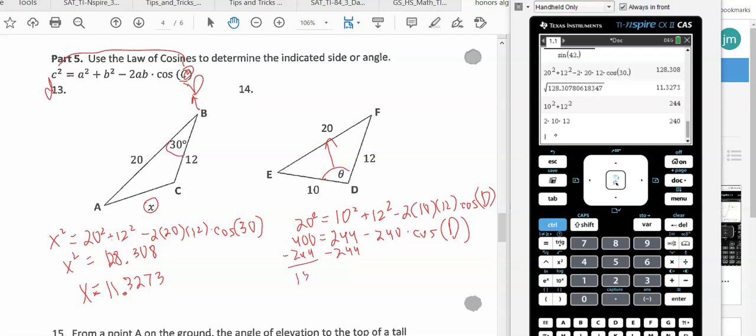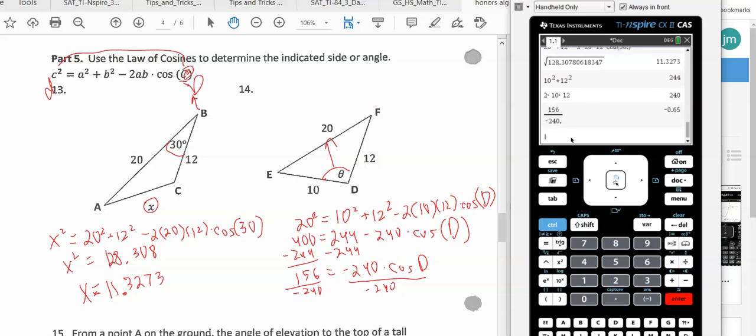Get 156 equals negative 240 times cosine of capital D. Divide by negative 240. So in your calculator, you're going to do 156 divided by negative 240. So cosine of D equals negative 0.65.